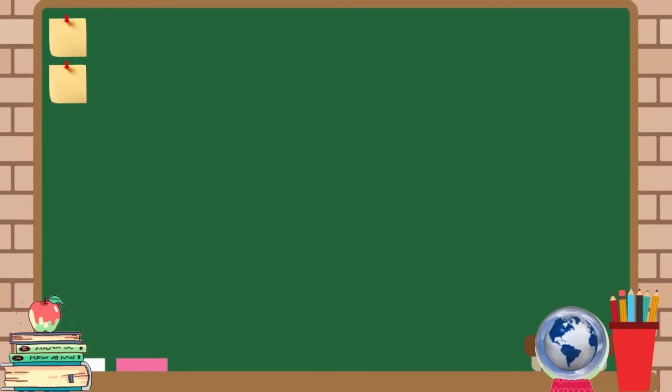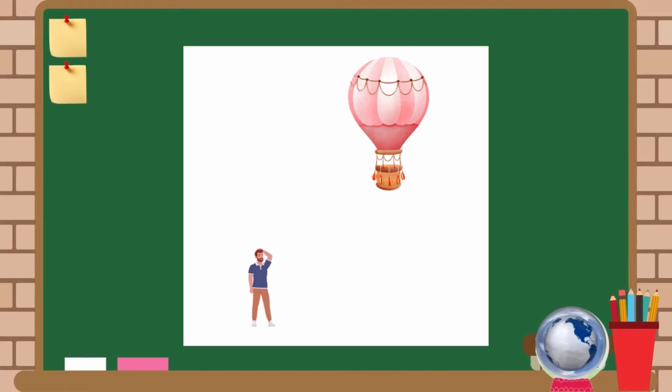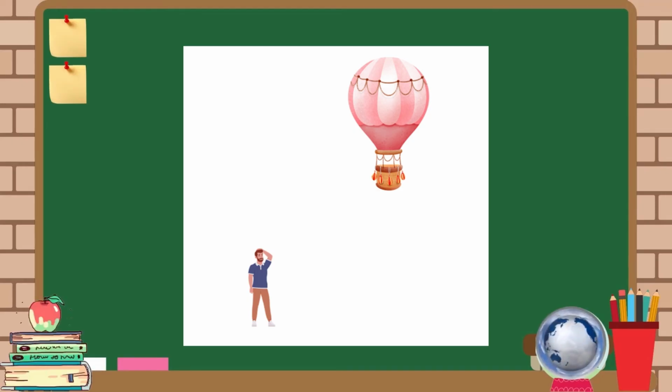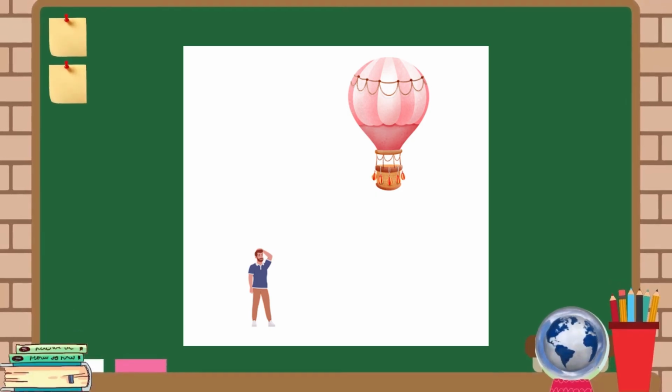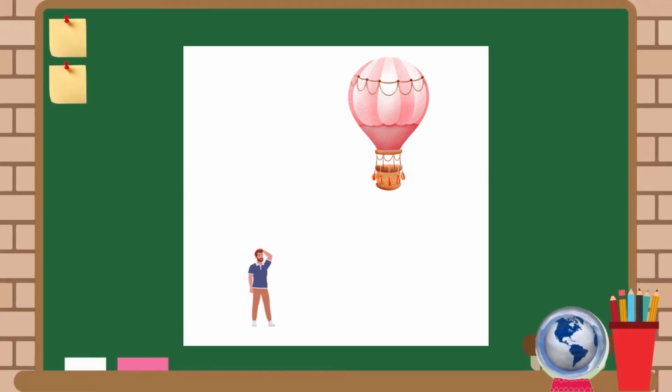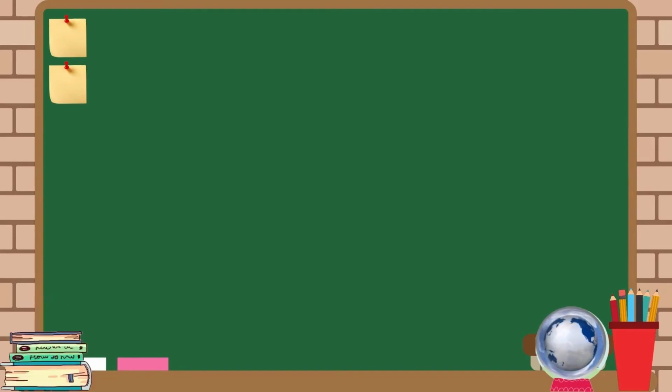Let's hear your discoveries. Group 1. I see you have a picture of a person looking at a hot air balloon, and I can see that you've written angle of elevation. Excellent choice. Your explanation was that the person is looking up from their eye level.